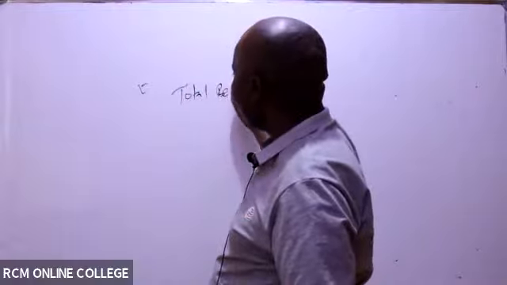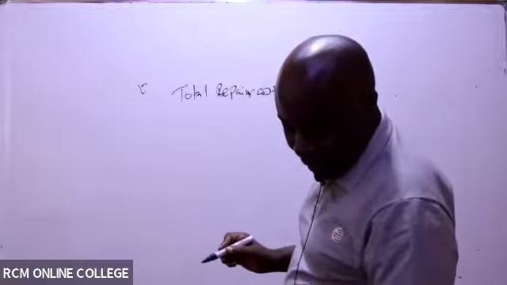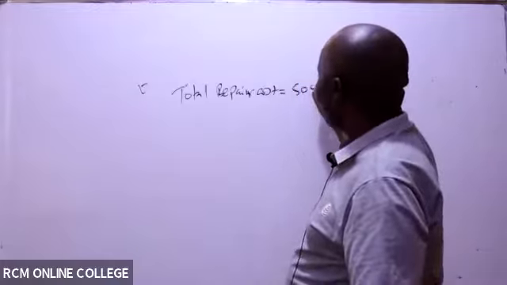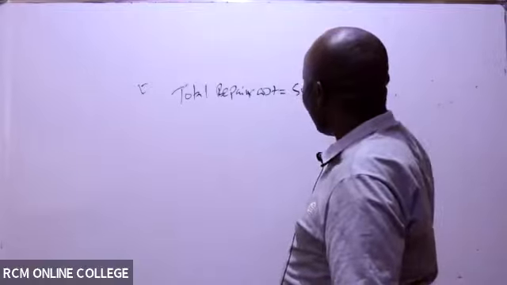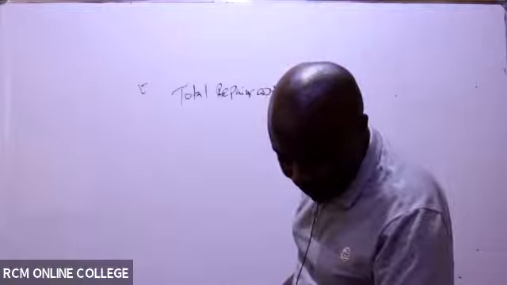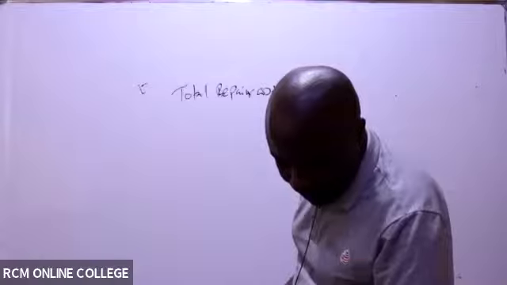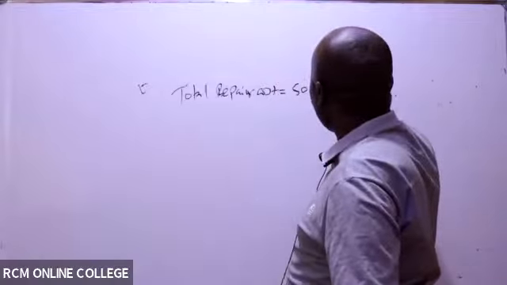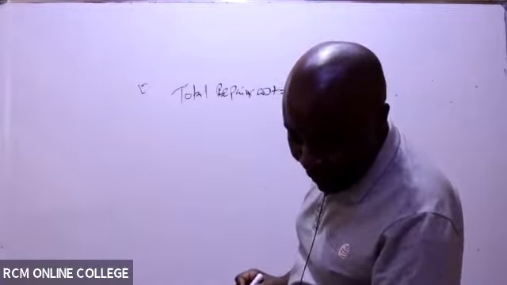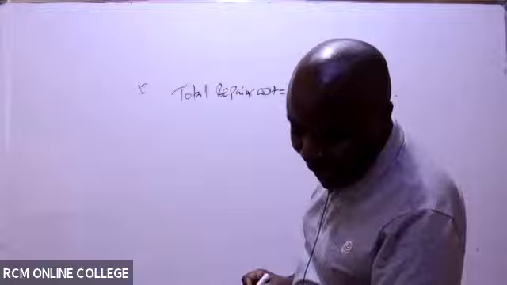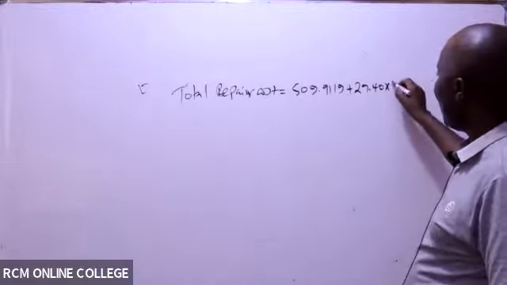Total repair costs equals A, that is 509.9119, plus 29.40 X, and X happens to be repair activity in hours. So hours, repair hours.